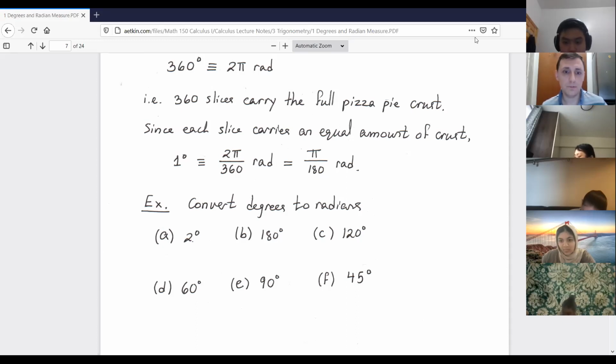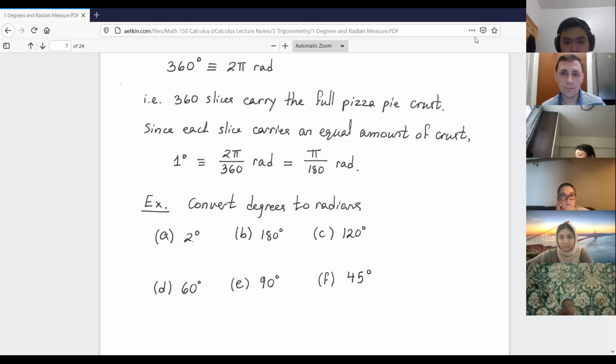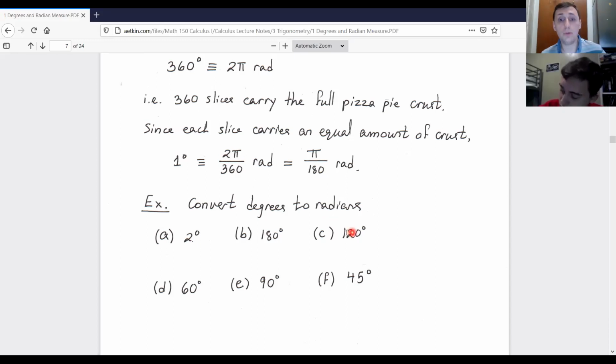And what about the rest of you? Good, wonderful. Now, 180 degrees is what? I was mentioning it myself. 180 degrees is pi. Now, what is 120 degrees?